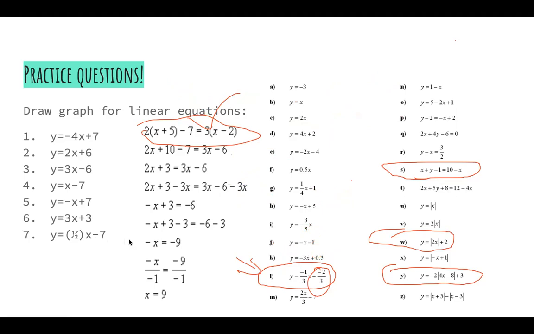And then we move on to the next question, question S, which is this question. This question isn't in a normal form, so we can change it to the normal form. First, we definitely can move the x and the -1 to the right, and the equation becomes 11 minus 2x, but this is not efficient enough.